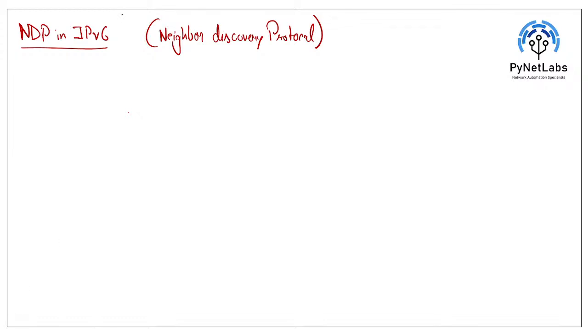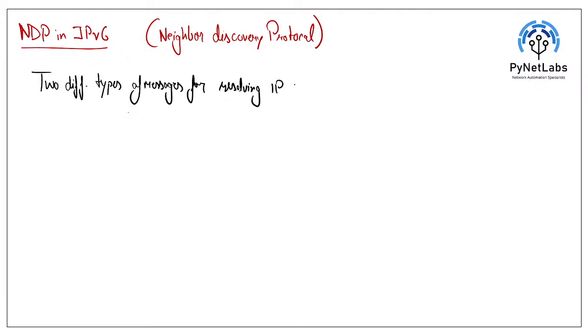NDP uses two different types of messages for resolving IP to MAC. The first message it is going to use is your neighbor solicitation message, which is NS, and the second is NA.